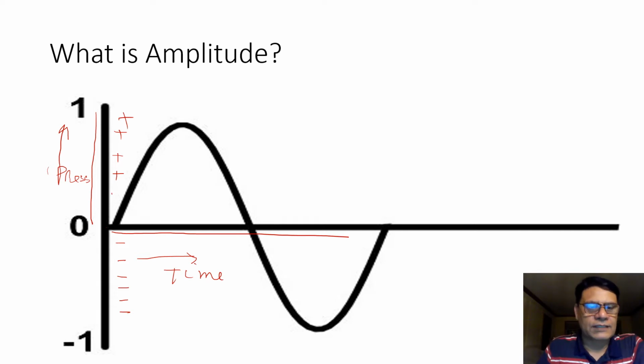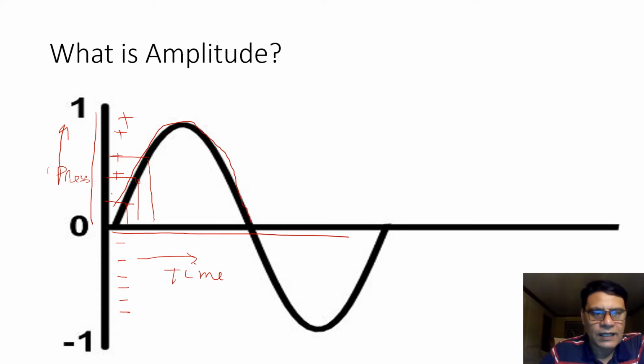So we have discussed that when a pulse wave travels in a medium, it changes the pressure and density of that medium. And suppose the pulse starts from 0, and with the change of time, the pressure of the medium increases, and we plot a graph between this increasing pressure and increasing time, and we get an ascending curve and a descending curve.